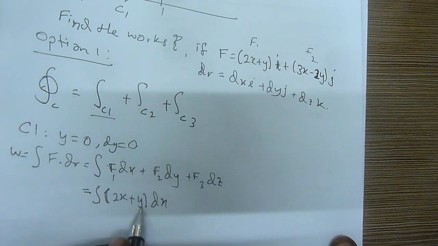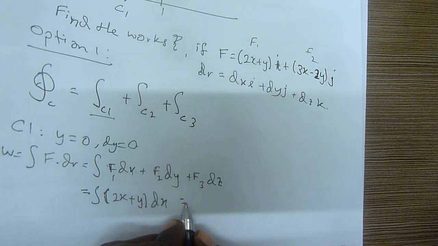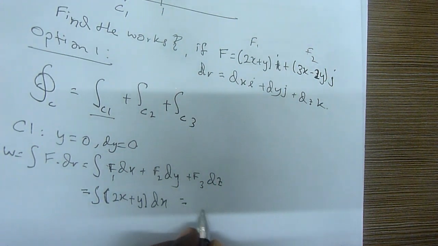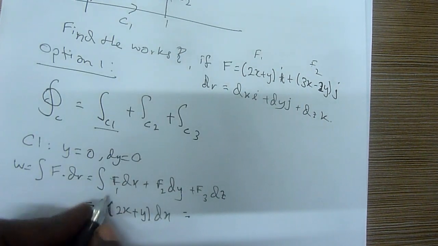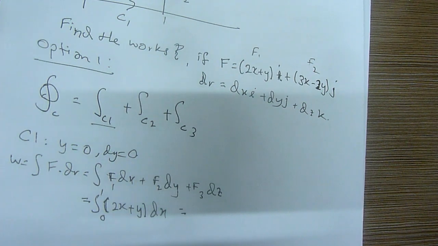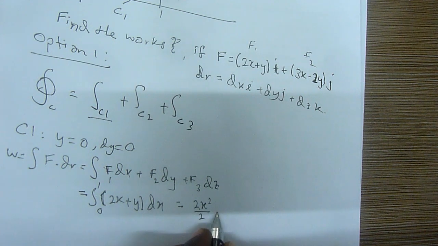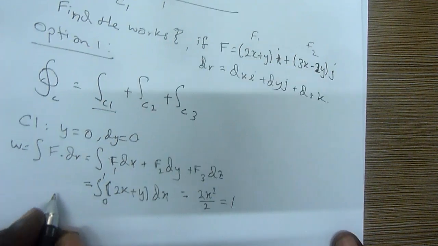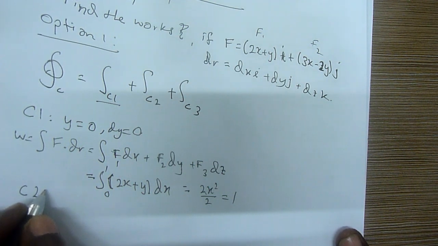We know y is 0, therefore the solution for C1 is the integral of 2x from 1 to 0, therefore 2x squared over 2, and you get 1 as your solution. Quick, what about C2?